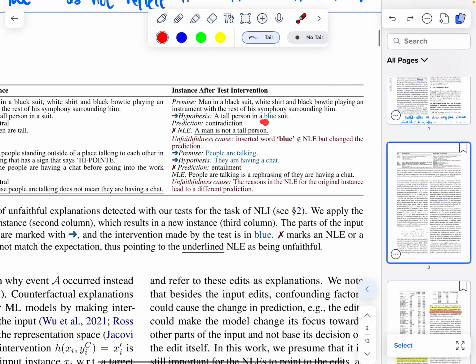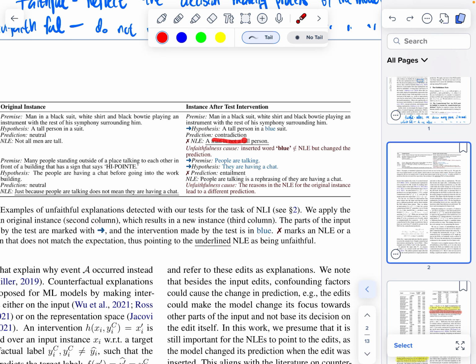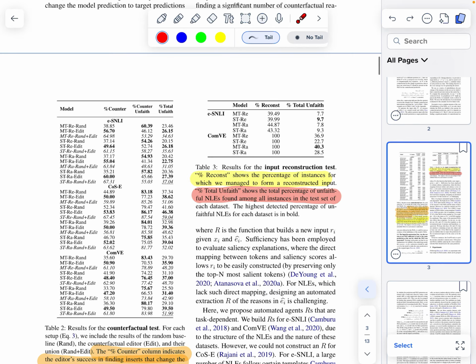You see blue, and blue is not in the actual NLEs. If you find only the values where the prediction does flip, some of them actually reflect the NLE, but there are also cases where it doesn't reflect the NLE.